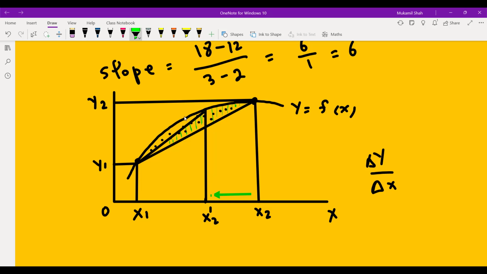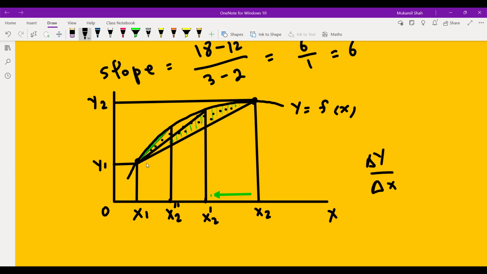So we have found a way to minimize this error. We can narrow down the range of x. If we reduce x2 prime to x2 double prime, we can further minimize the error. Now look at it. We have further reduced the interval from x1 x2 prime to x1 x2 double prime, and now you can see the green area is the error only.